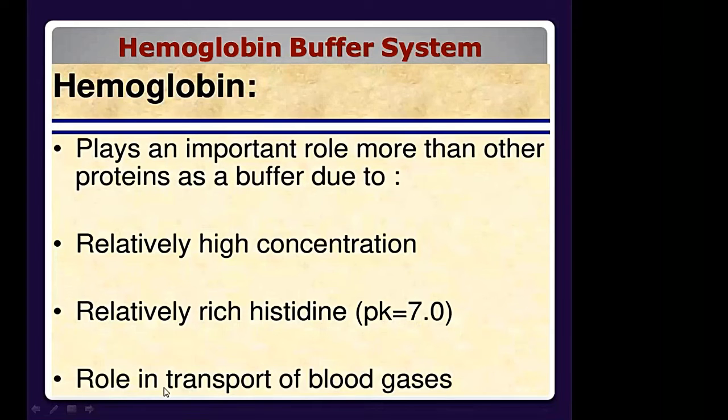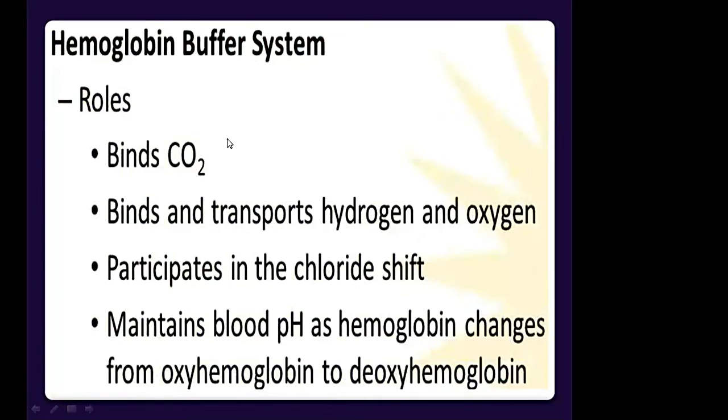The important role of hemoglobin in the RBC is transport of blood gases, that is, transport of oxygen and carbon dioxide in the blood. So the same hemoglobin acts as a buffer system also. As a buffer system, it binds with carbon dioxide, binds and transports hydrogen ion and oxygen, and participates in the chloride shift. It maintains blood pH.